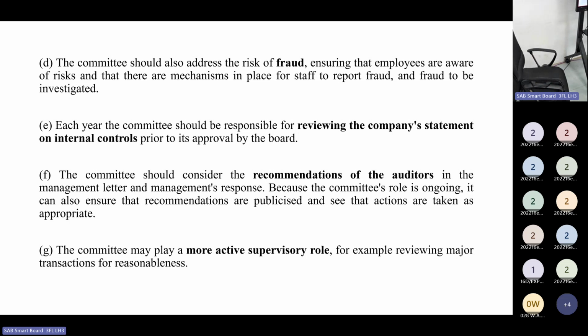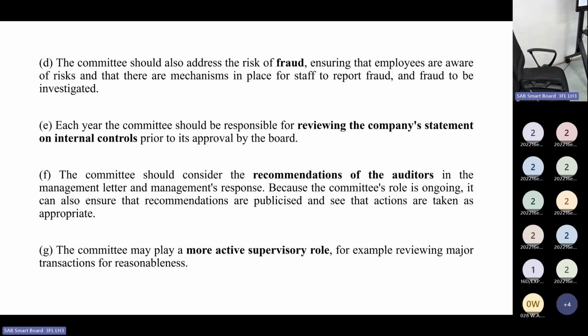So those things the audit committee needs to look over, right? And when there is a report on something like that, they have to investigate.